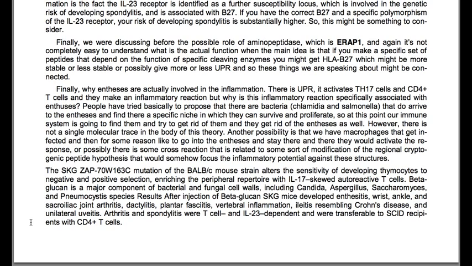Results: after injection of beta-glucan, SKG mice developed enthesitis, wrist, ankle, and sacroiliac joint arthritis, dactylitis, plantar fasciitis, vertebral inflammation, ileitis resembling Crohn's disease, and unilateral uveitis. Arthritis and spondylitis were T-cell and IL-23 dependent and were transferable to SCID recipients with CD4 positive T cells.